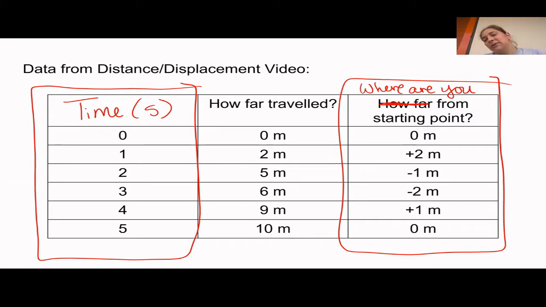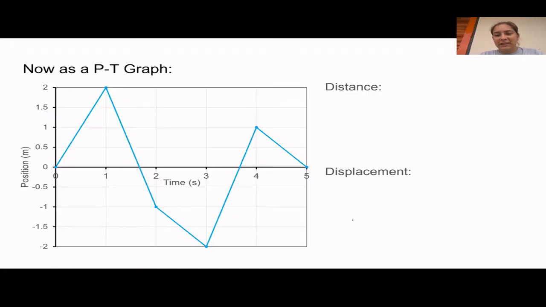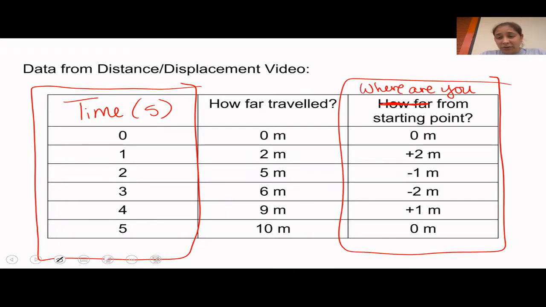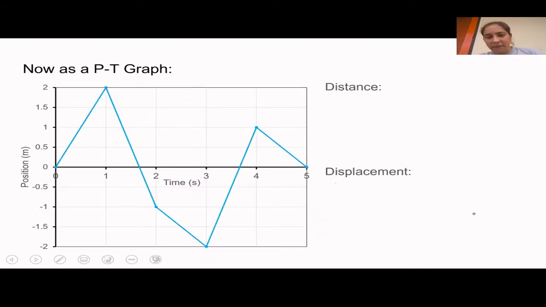So what does this look like as a position time graph? It looks like this. So 0, plus 2, -1, -2, +1, and then 0 again, except it's in time.